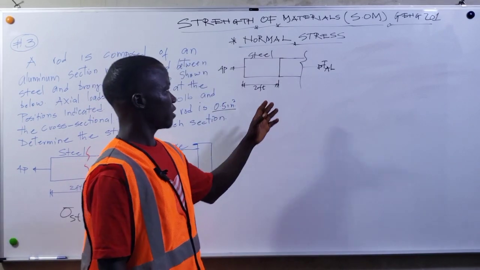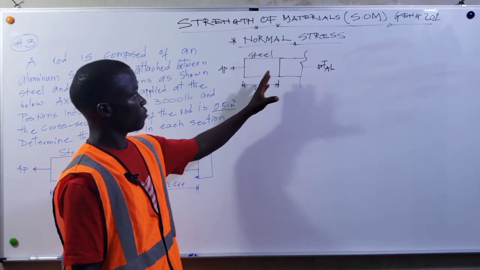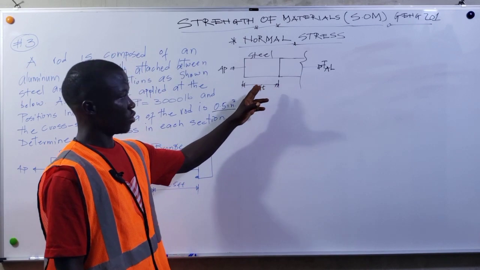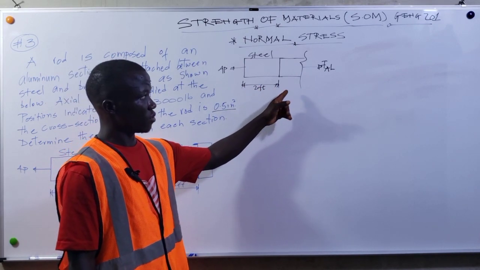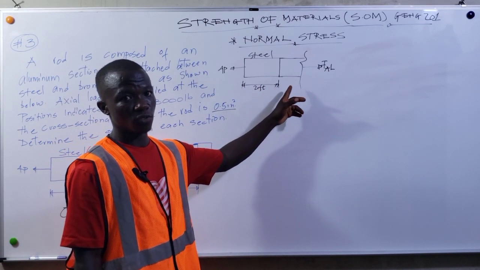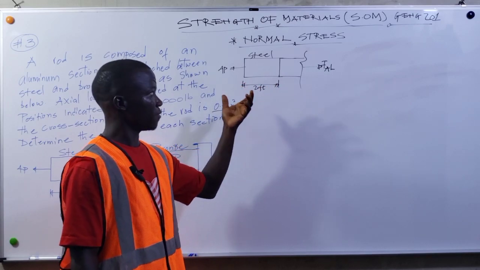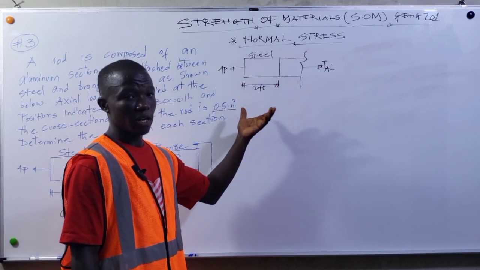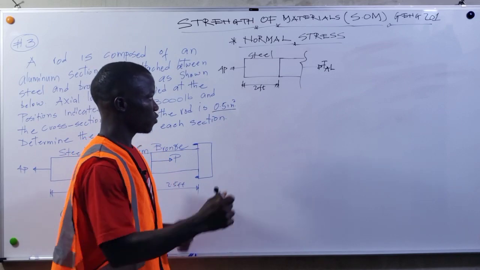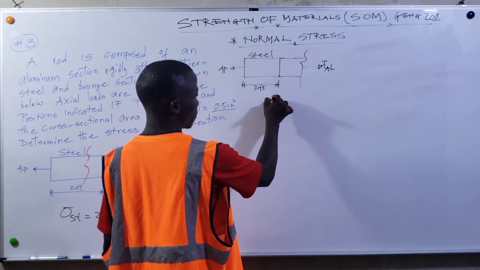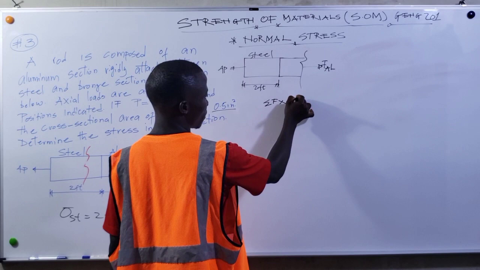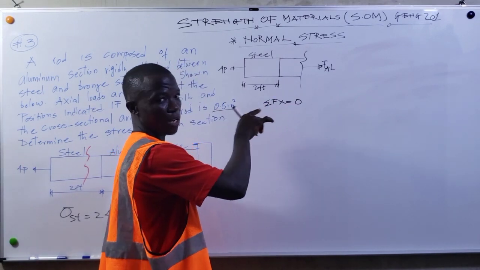So this is the free body diagram for the aluminum section. In order to find the stress within the aluminum section, we have to find the force that keeps this rod in equilibrium.